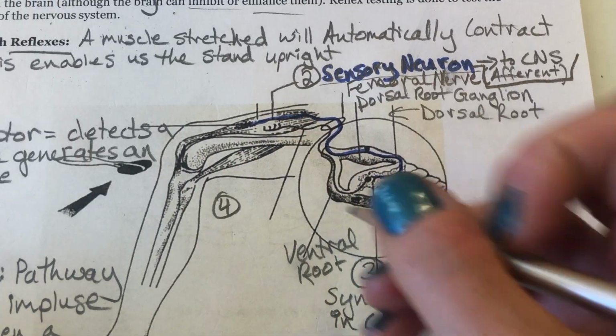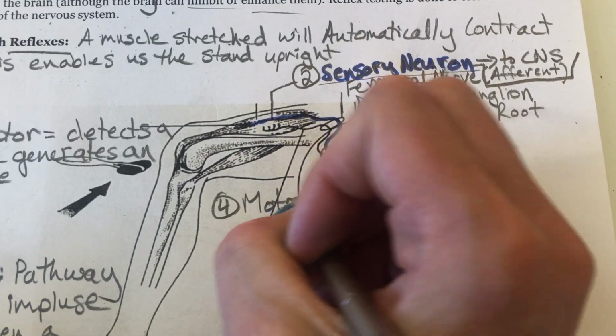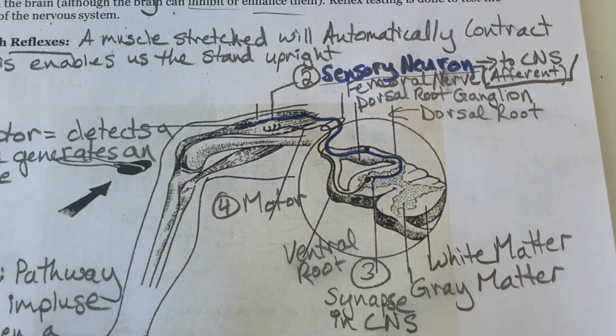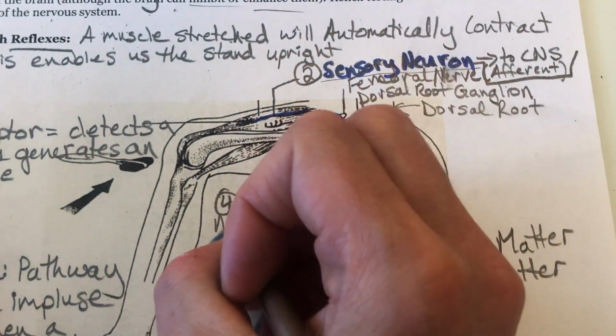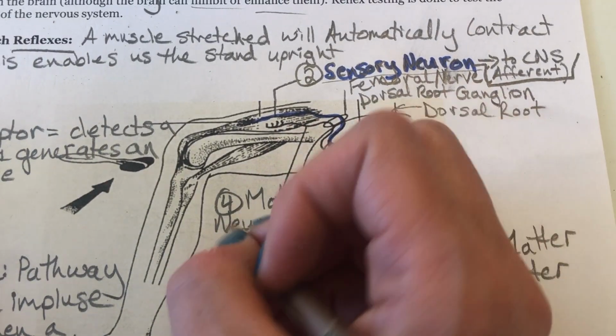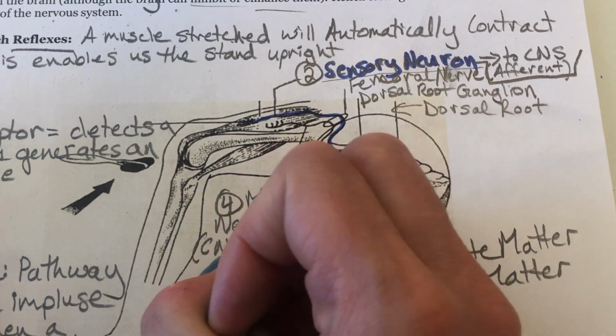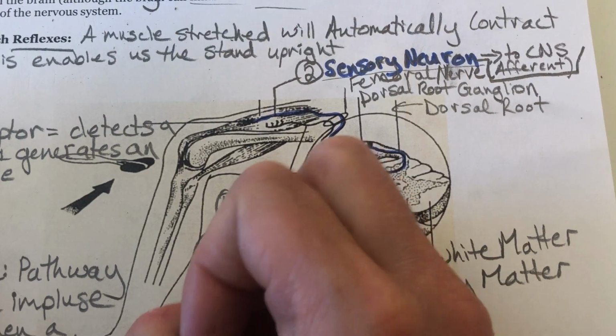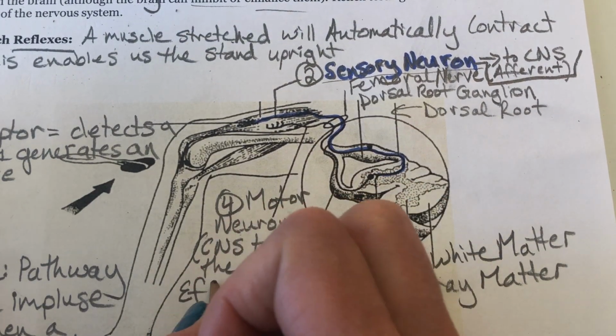All right, so the motor neuron, that's step 4. It just carries the signal out via the axon. And that one is from the central nervous system to the effector. There's the efferent pathway.